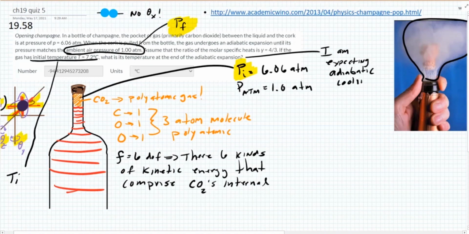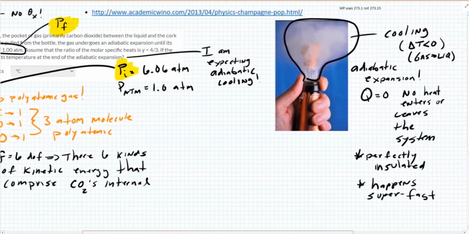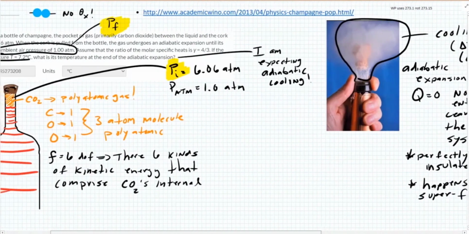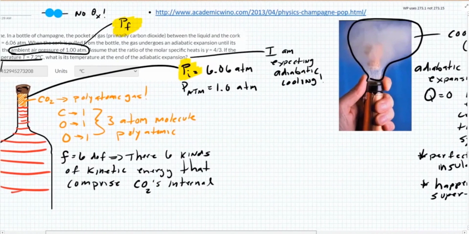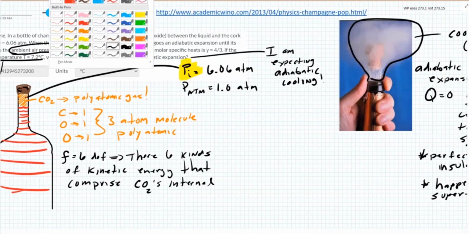I'm expecting adiabatic cooling because this gas rapidly expanded, which means heat did not have a chance to flow in to maintain the temperature. It cools off, it condenses. What's that final temperature? All right, so here we go. All of this is backstory. Now we actually start solving the problem. So let's solve all of this problem.